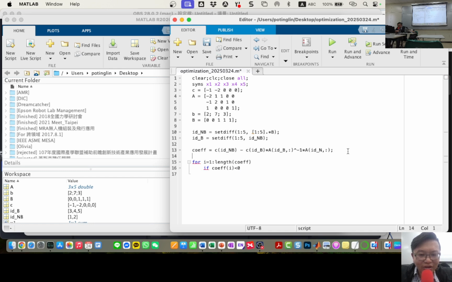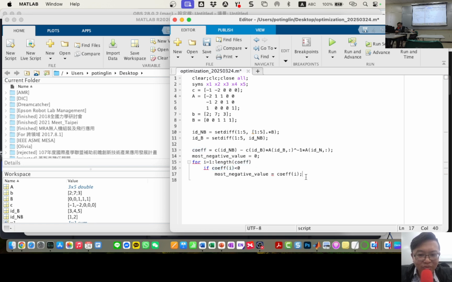there's a variable called temp, or just a most negative value equals 0 at this point. So the most negative one will become this.